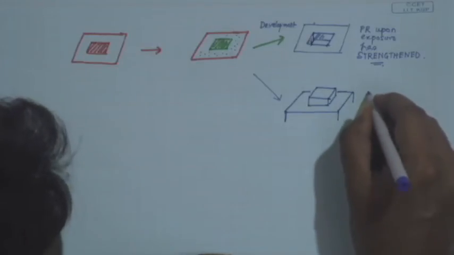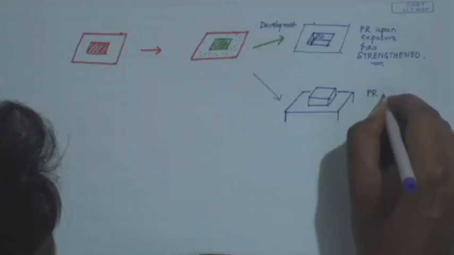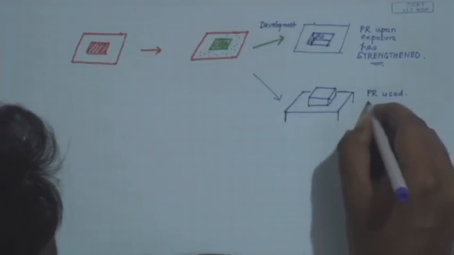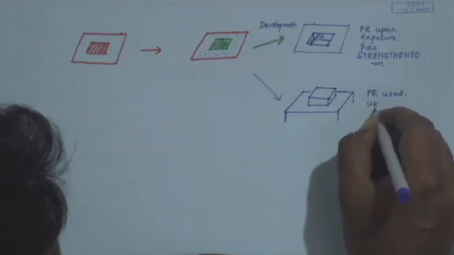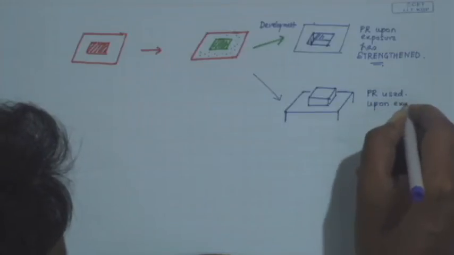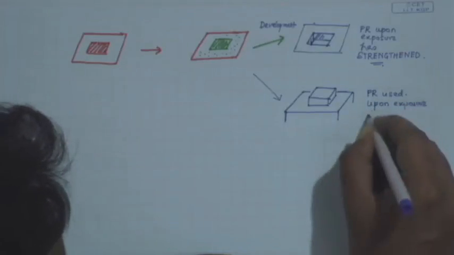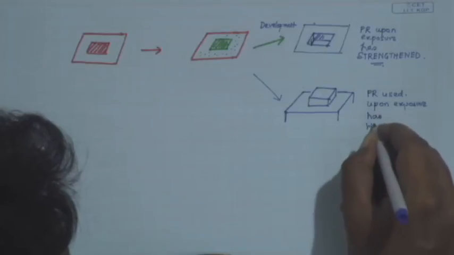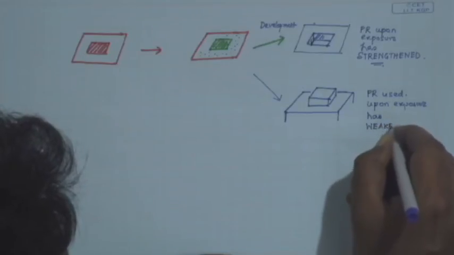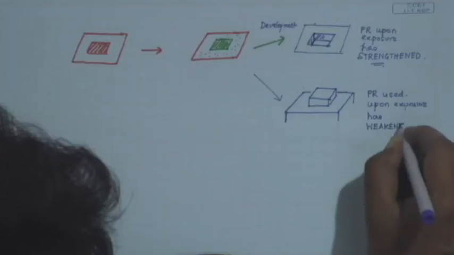So, this picture tells that the PR used upon exposure has weakened.